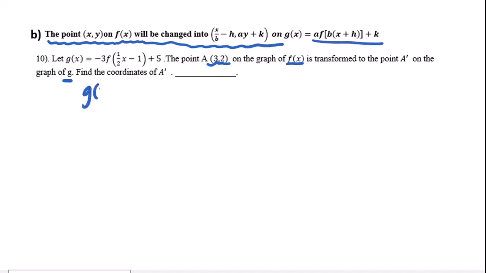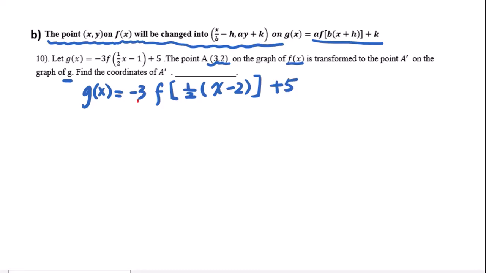We have g of x equals negative 3f bracket, we take 1 half outside. Then you have x, 1 divided by 1 half will be 2. Then plus 5.